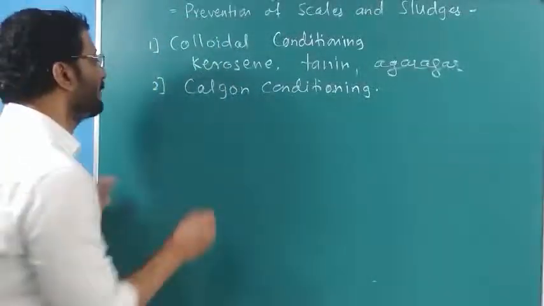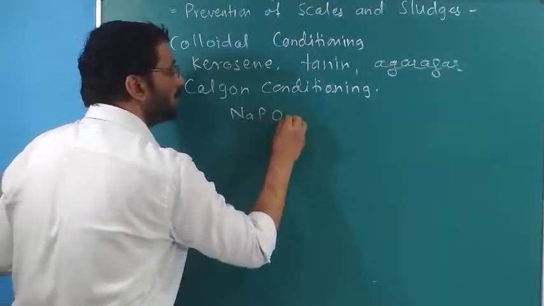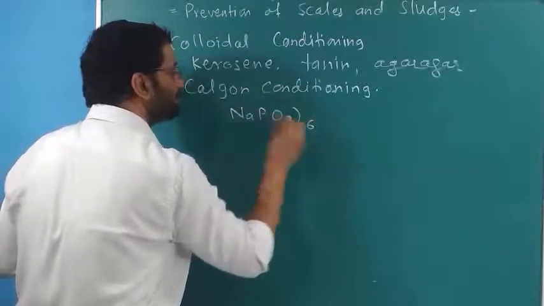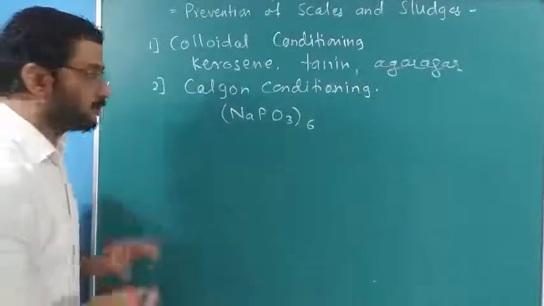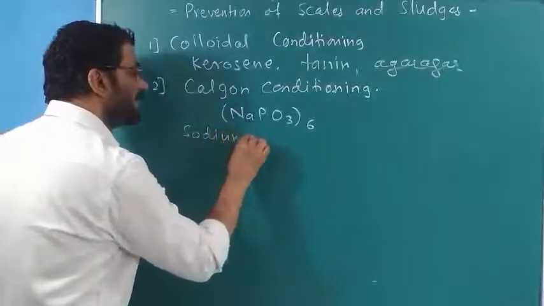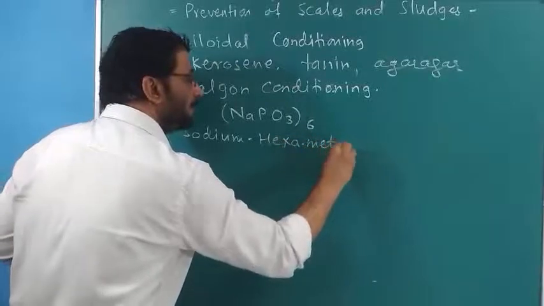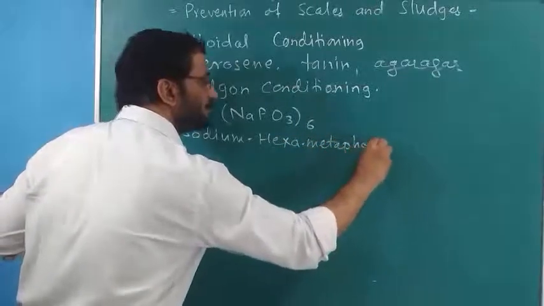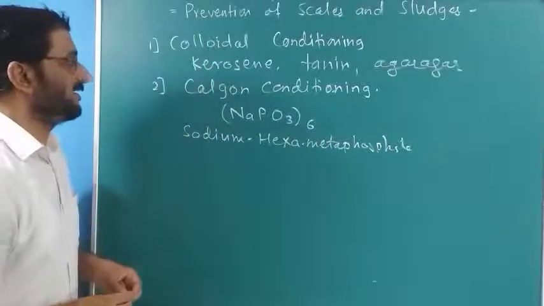Formula of this is (NaPO3)6. It is sodium hexametaphosphate. Name of this is sodium hexametaphosphate. This is Calgon. Okay, we are going for Calgon conditioning.